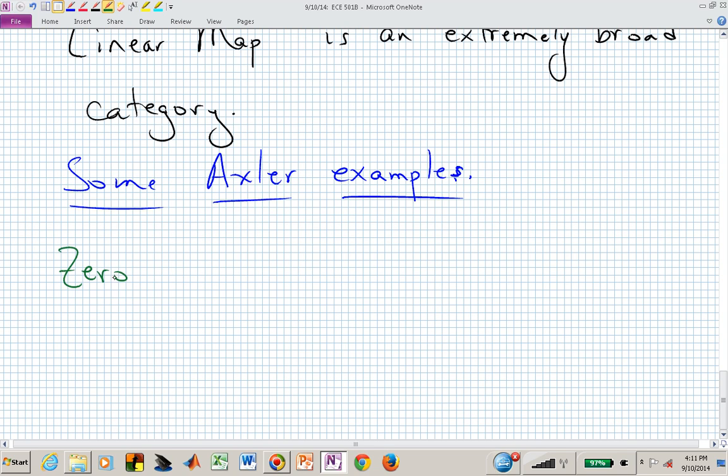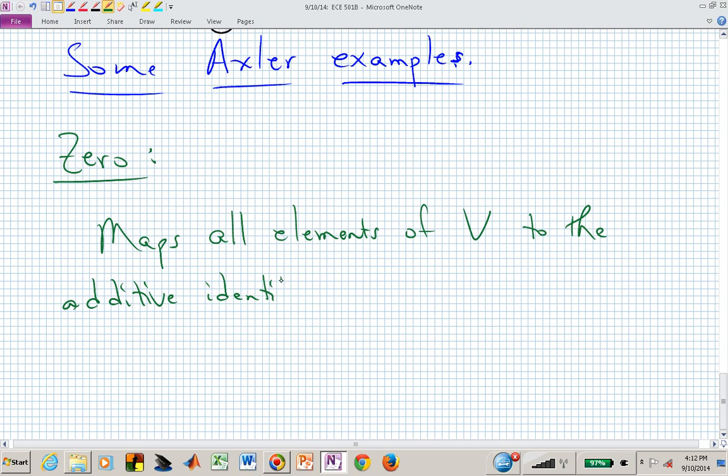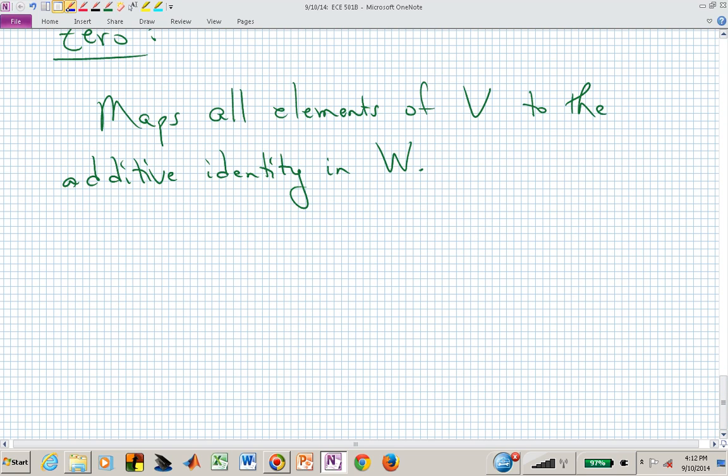One map is the zero map, which maps all elements of the vector space V to the additive identity in the vector space W. Meaning now we could have 0 of V equals 0, and now that 0 is overloaded.